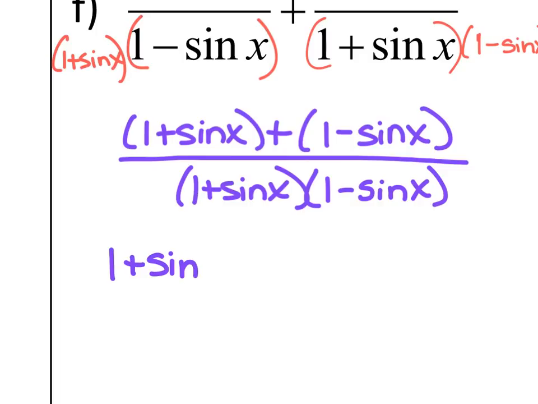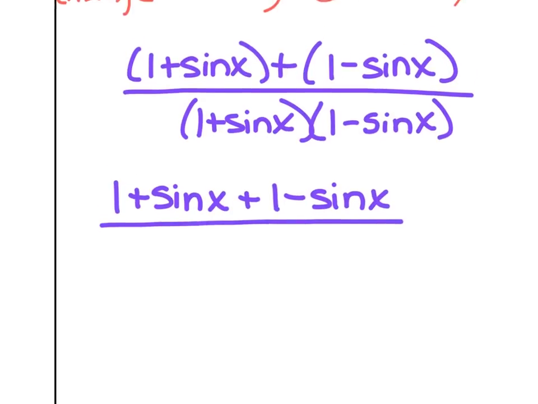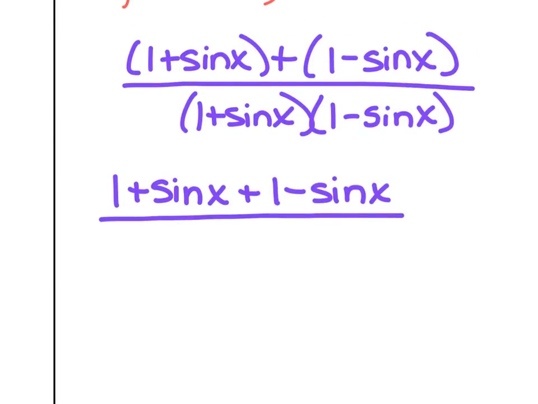In this case, I don't have any negatives to distribute, so I can just drop the parentheses, unlike the last problem that started as a subtraction problem and you had to track your negative signs.